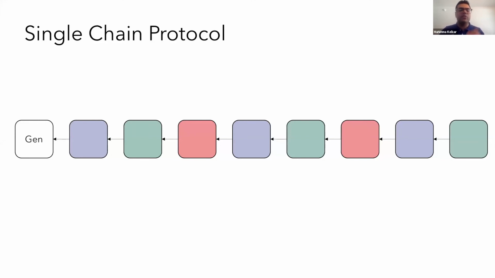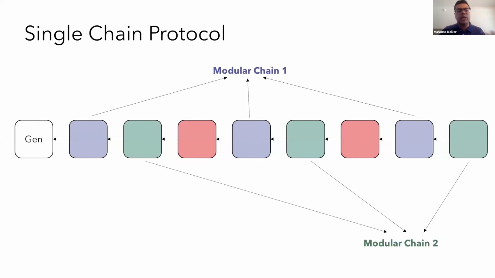So here we have three modular chains: all of the blue blocks are in one chain, all the green ones are another, and all the red ones are in a third one. Although, for example, the proof of work continuation of this blue block is this red one, its logical or semantic continuation is its preceding blue block. So this modularizes the chain into this blue chain, green chain, and red chain.